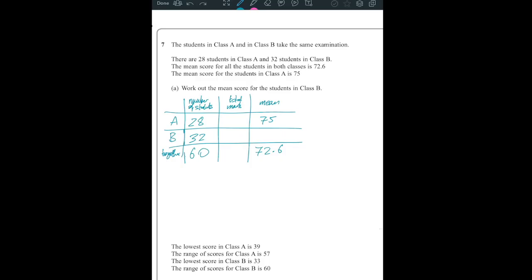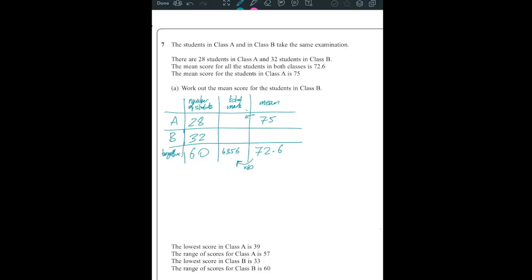So let's go and work out some total marks. So the total mark for all the students, remembering that the mean is the total divided by how many. So if I do the mean multiplied by how many, I can go back to the total marks. So the total marks scored in both classes was that.